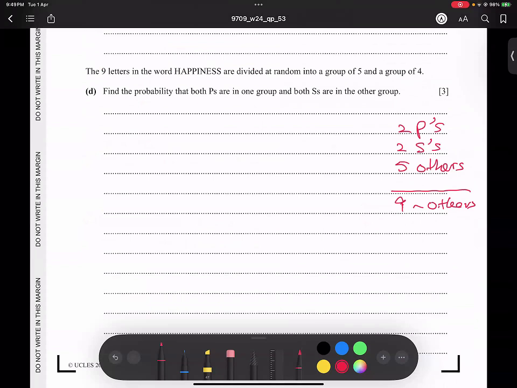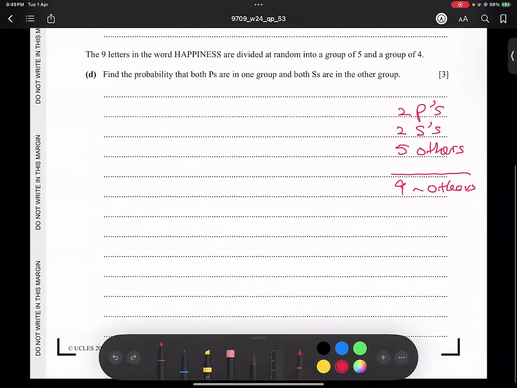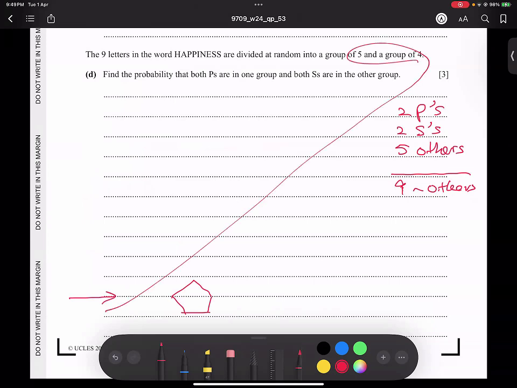The 9 letters in the word happiness are divided into groups of 5 and 4. You know, mostly this kind of question comes. For example, if this is a room and this is a pentagon table, and 9 people enter the room, so 1, 2, 3, 4, 5.